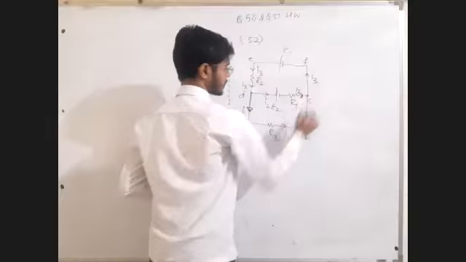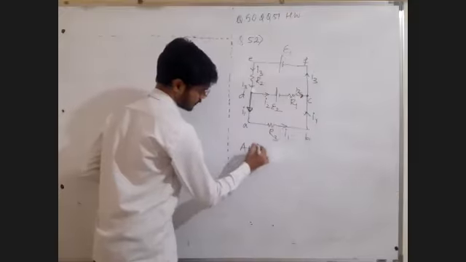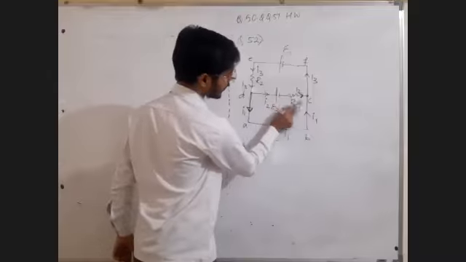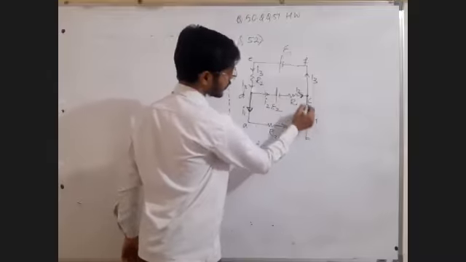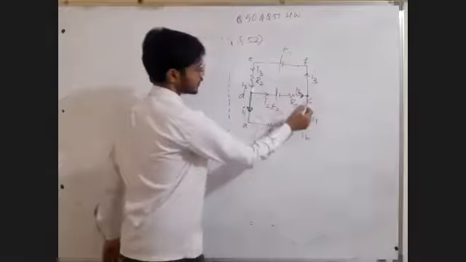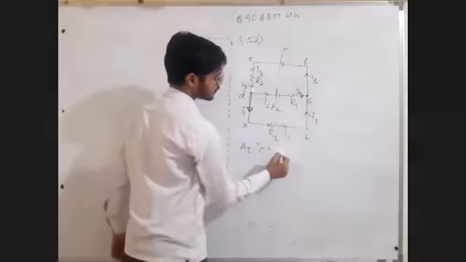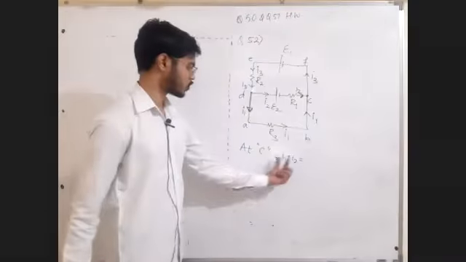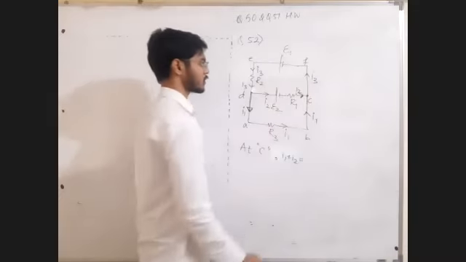At point C, you can observe that all entering current is I1 and I2. This is entering current or current towards junction, I1 plus I2 is equal to all currents toward junction is equal to all current away from the junction.